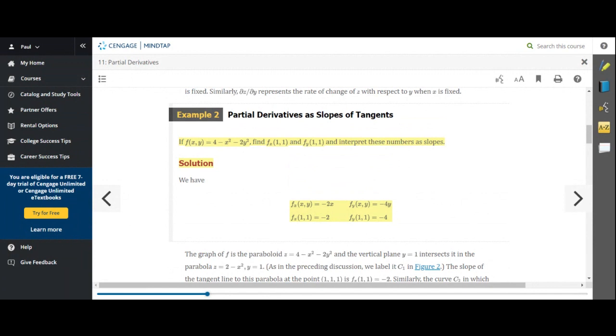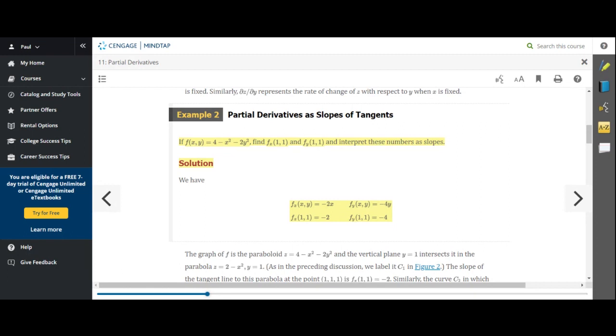How many knew that? Try it and see. Does it work for you? Okay, it works for Ryan, Christopher. Good.